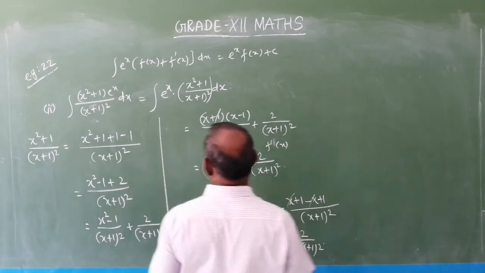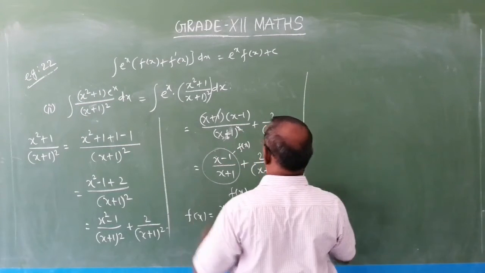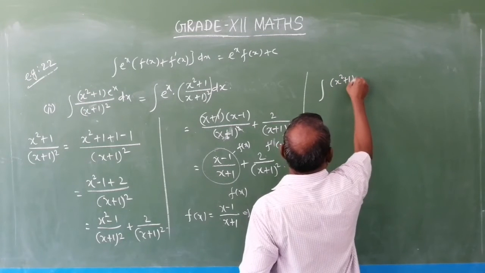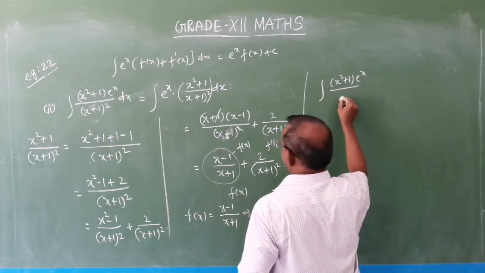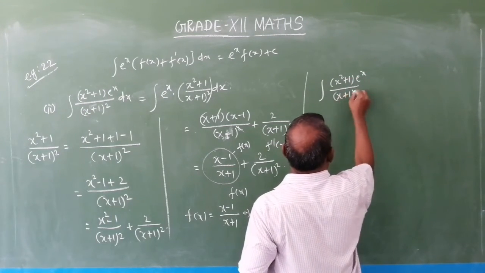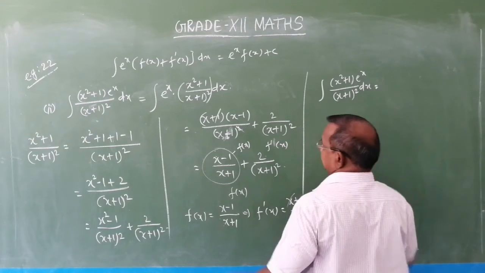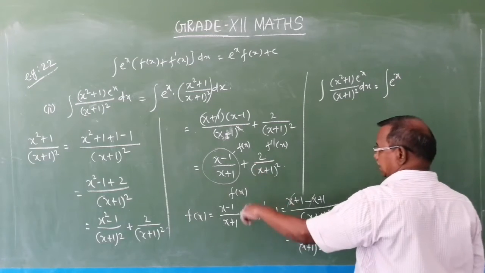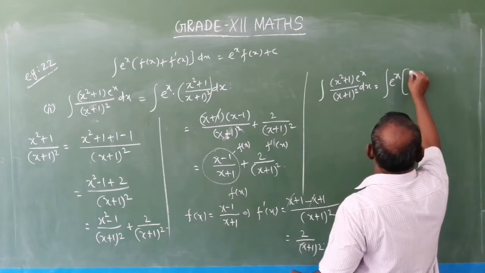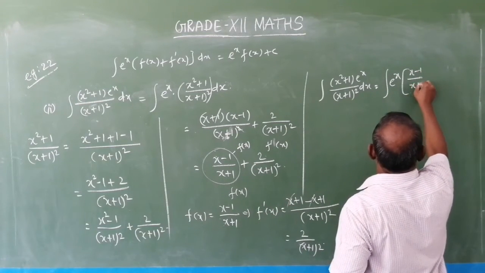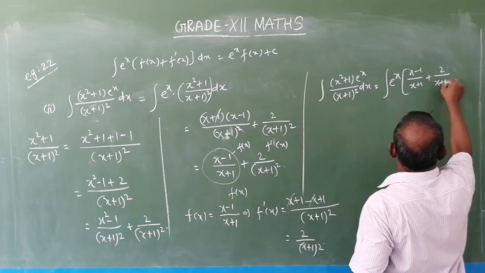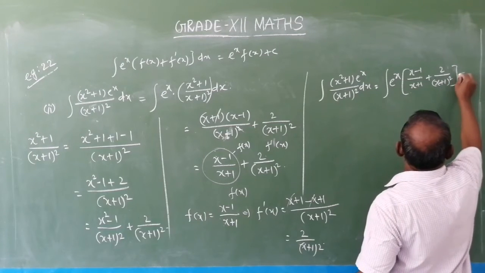So we can write, therefore, integral x square plus 1 into e power x divided by x plus 1 the whole square into dx equals integral e power x into x minus 1 divided by x plus 1 plus 2 divided by x plus 1 the whole square into dx.